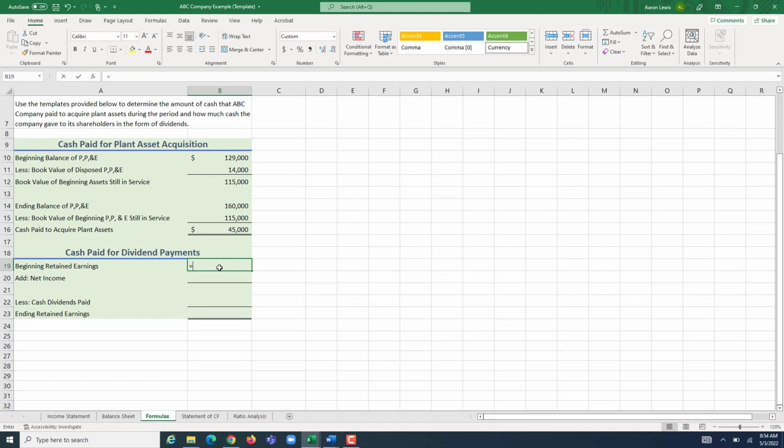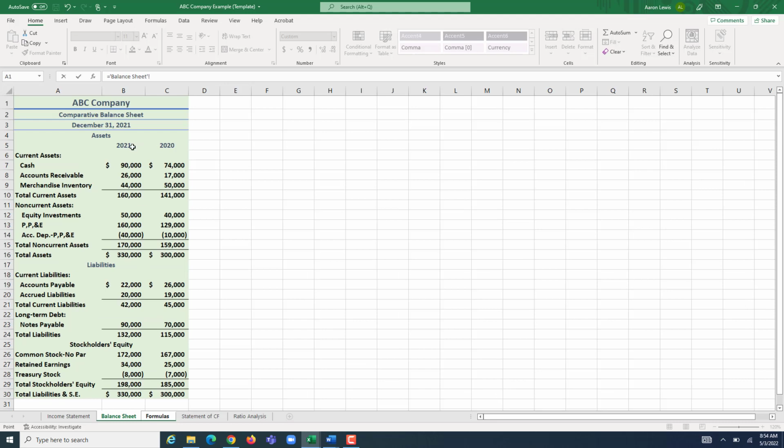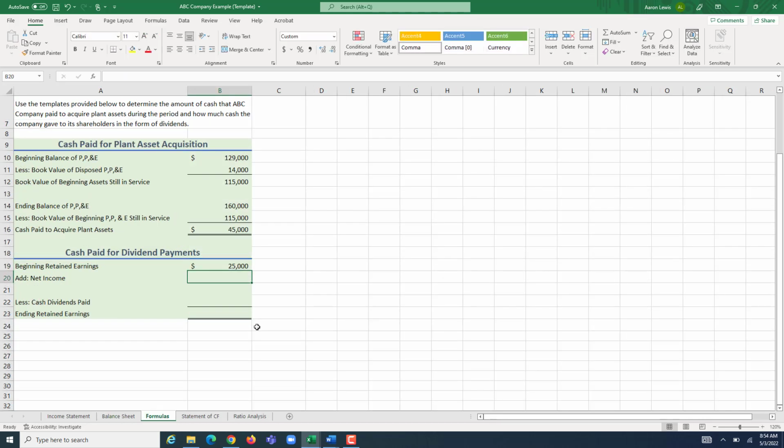It shows up on the balance sheet. So what did we have in beginning retained earnings when the period began? Whatever we had when 2021 began has to be the same number that we had when 2020 ended. And if we go down here, we see that we ended 2020 with $25,000 in retained earnings. So that's got to be our beginning balance for 2021, and I bring that number on over.